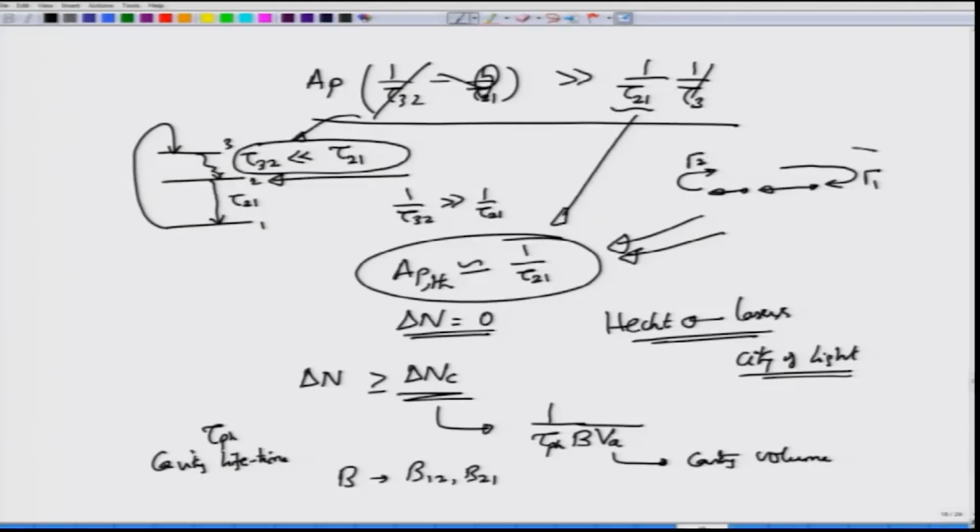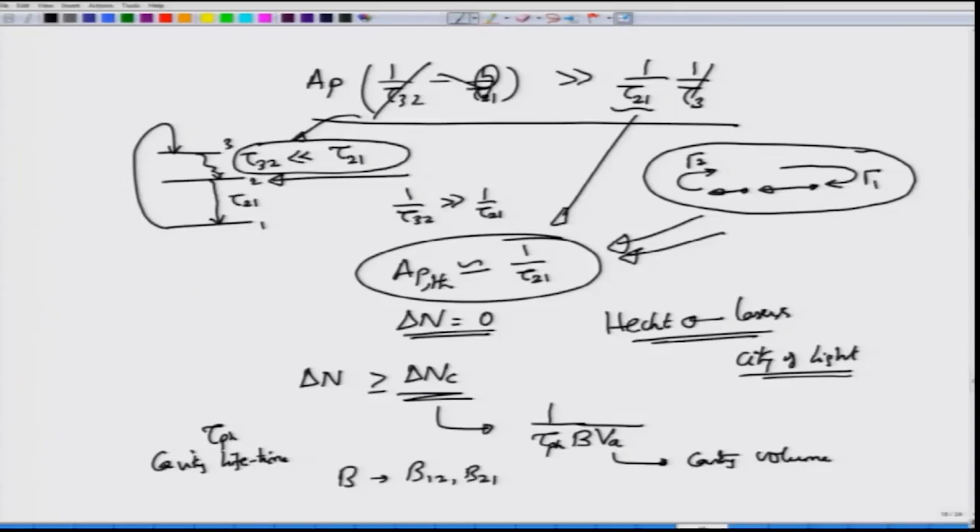So, cavity lifetime is essentially the effective lifetime of a photon which is stimulated emitted, but it would statistically remain in that cavity before escaping out from the first mirror. Okay. So, a mirror with a reflection coefficient that is less than 100%.